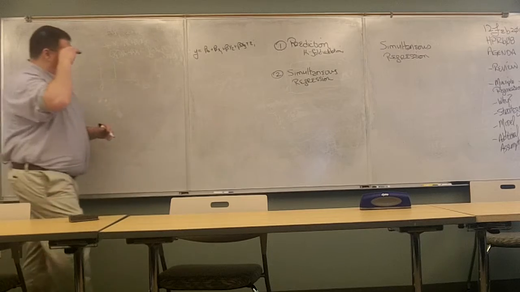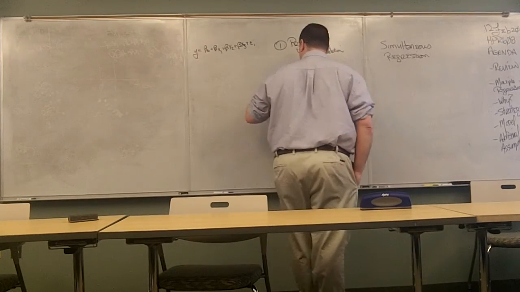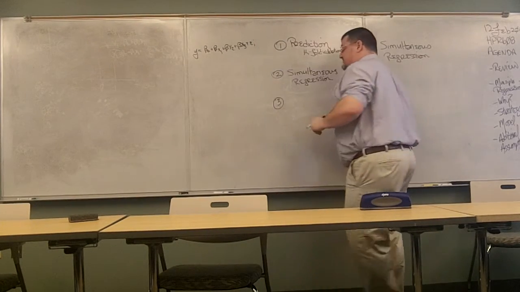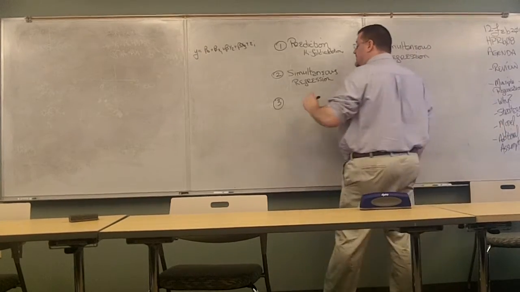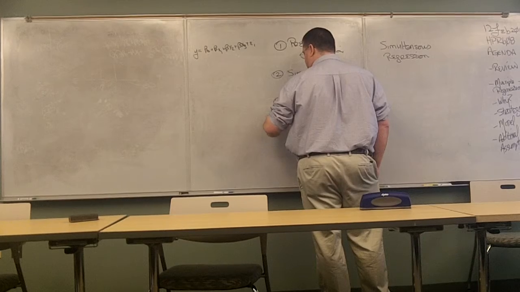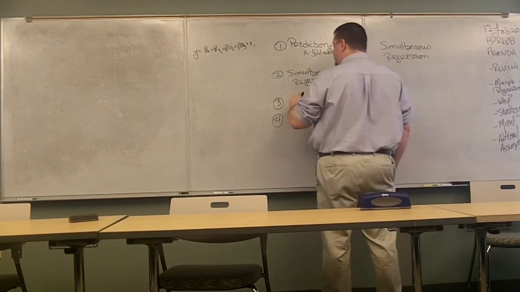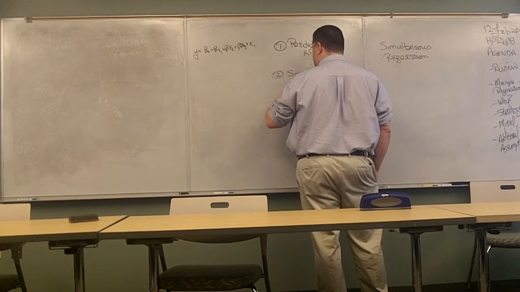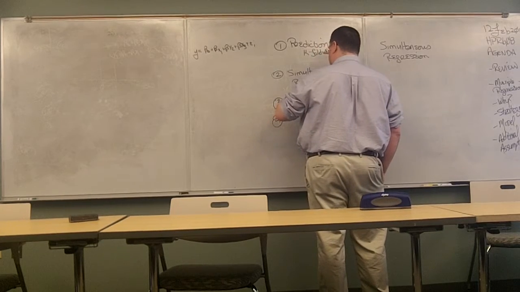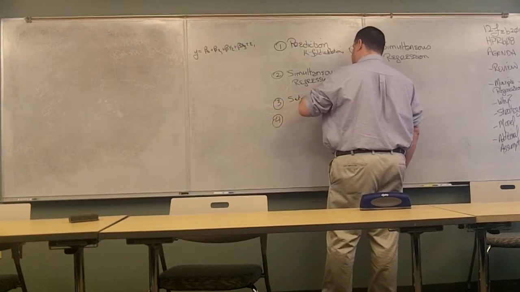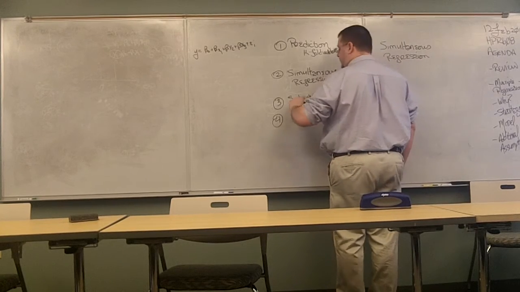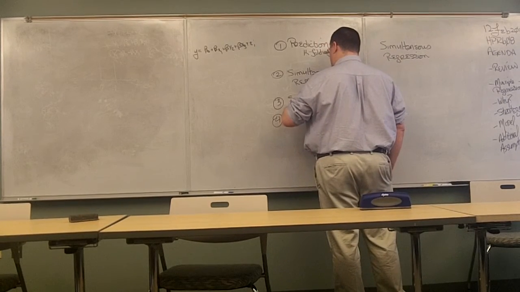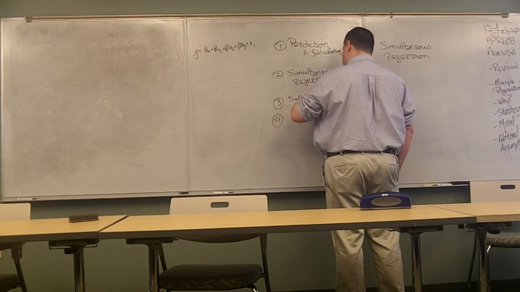Okay, then there's the third approach, which I'm advocating strongly for you to think about. Well, there's actually a fourth approach, but I won't even talk about it, so I'm just going to write down 4. There's something called set-wise regression. It's also known as hierarchical regression.